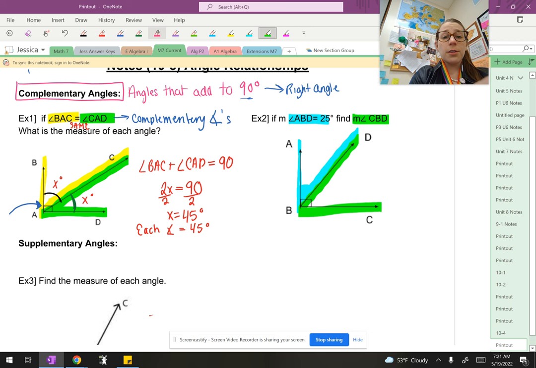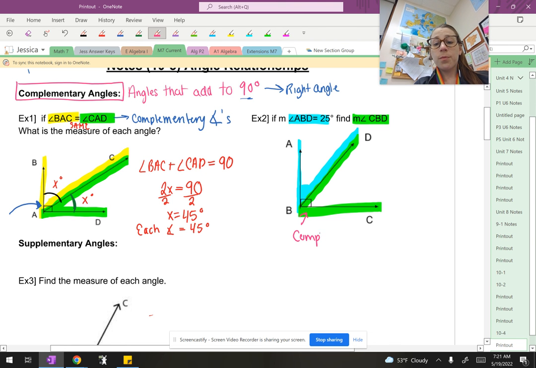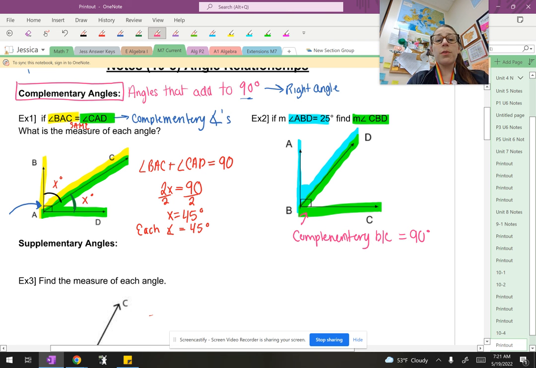Well, once again, I know that these angles are complementary because it equals 90 degrees. So that complementary definition: angles add to 90 degrees.